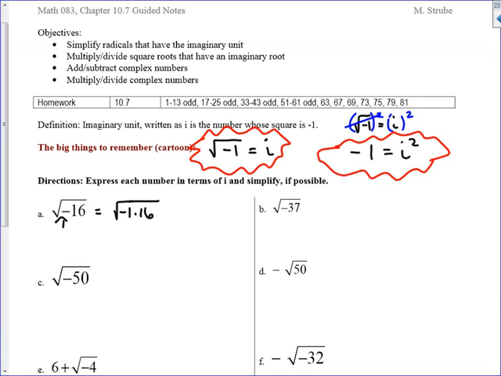So -1 times positive 16 is -16. Well, what's the square root of 16? 4. So we know that this will come out as a 4. And what did we just say the square root of -1 is? i. So the answer, and we usually put the number first, the answer is 4i. So it looks like your regular answer for the square root of 16. It's just got the imaginary unit on it because there was a negative under the square root.